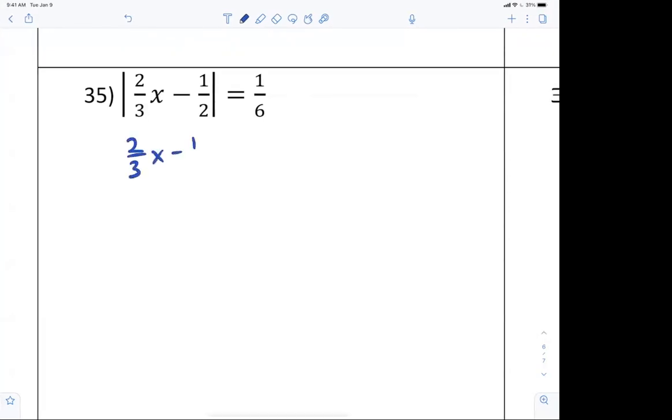2/3 x minus 1/2 equals 1/6. 2/3 x minus 1/2 equals negative 1/6. Now, when I add 1/2, how many sixths in 1/2? 3/6.